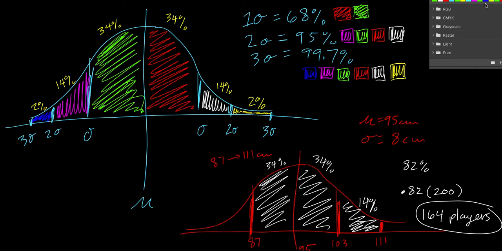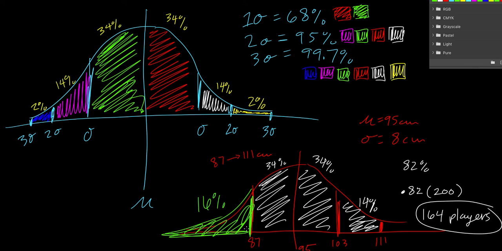Now the next thing says find the value of K such that approximately 16% of chest measurements are below K. Now if we look right here, this is about 16%. So it's essentially just asking us to go from here over here, and that's approximately 16%.